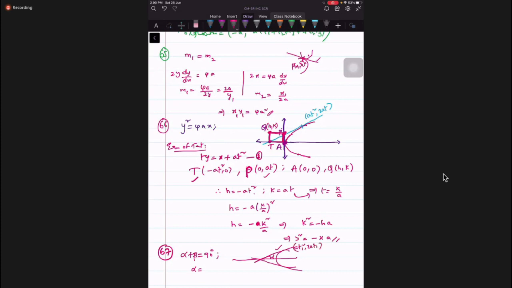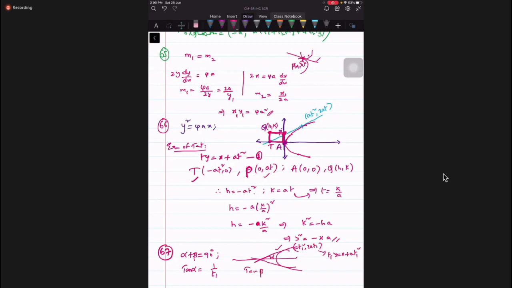What is the tan alpha formula then? Tan alpha means the slope of the tangent. What is the slope of the tangent? 1 by t1 is the slope of the tangent to this parabola, where t1 y equal to x plus a t1 square.